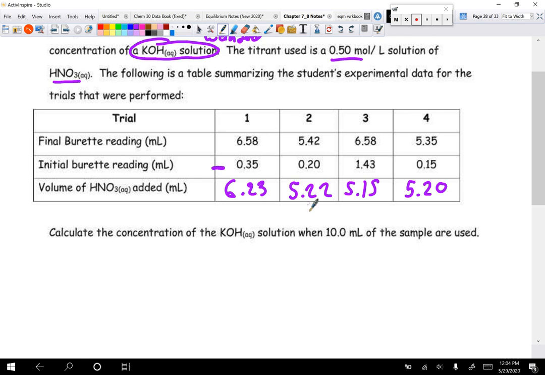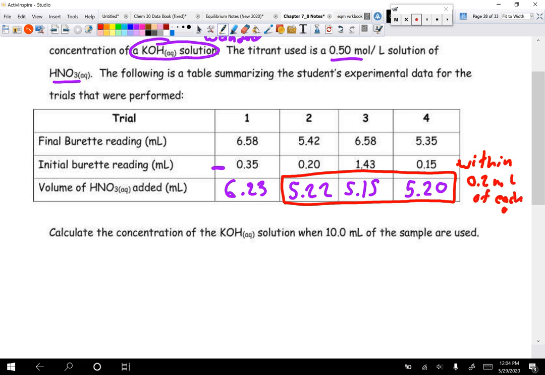When we look at the values, we can tell that trials 2, 3, and 4, so 5.2, 5.1, 5.2, fall within 0.2 milliliters of each other, which means this one right here is almost an entire milliliter off from all the other trials. So we're going to omit this bit of information because it is not used.